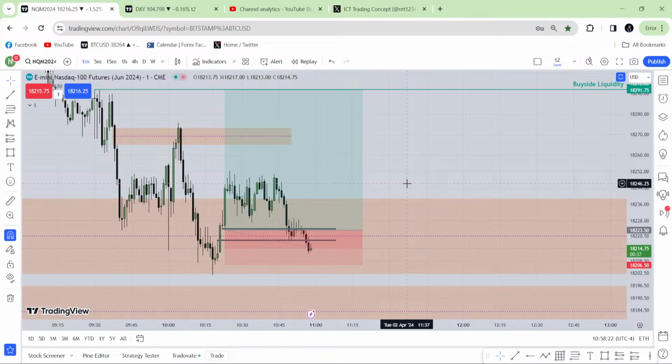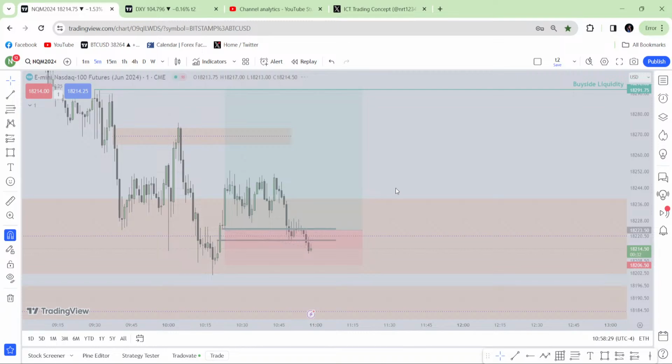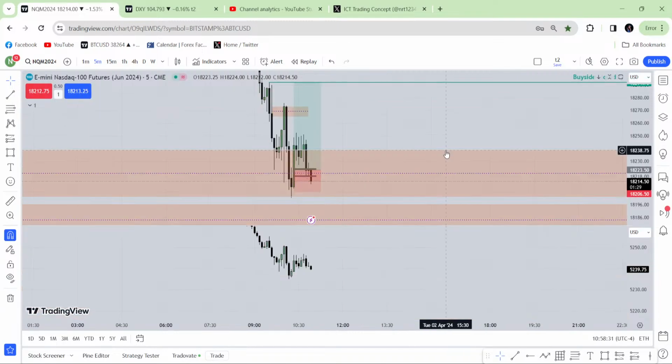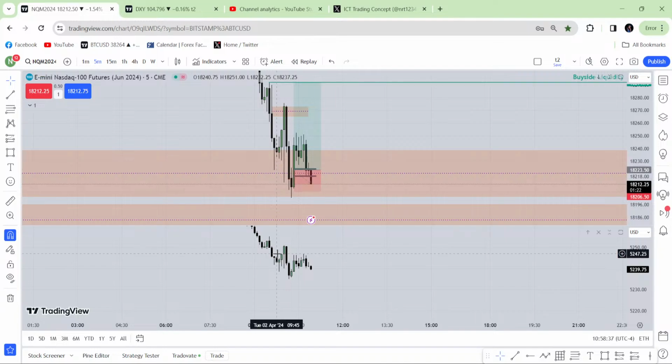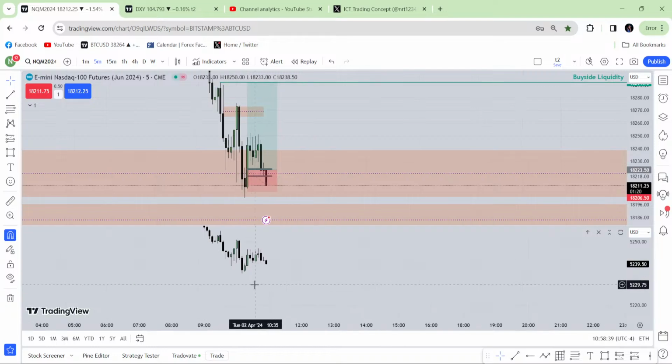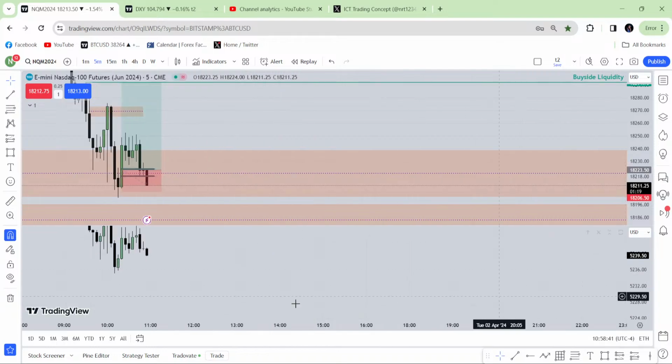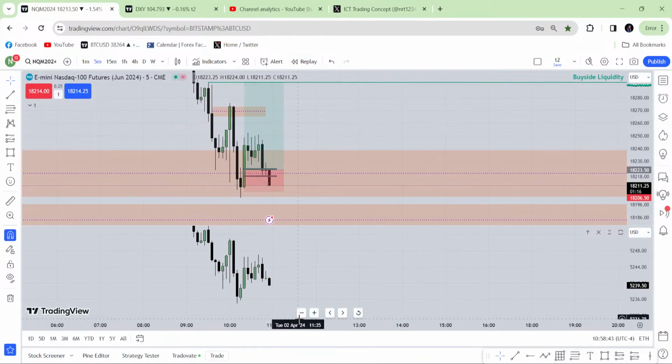James TP, so it was a 5 minute bull SMT. Okay, let me check from the 5 minute chart. Why is this empty? I don't know where she saw that SMT.